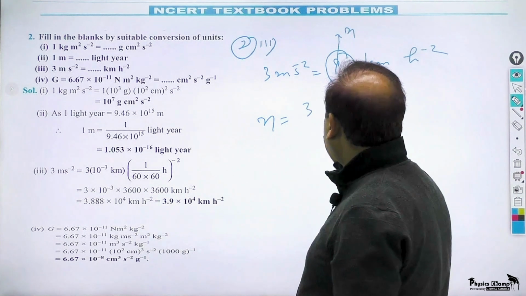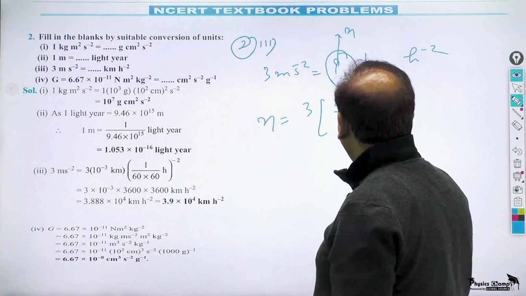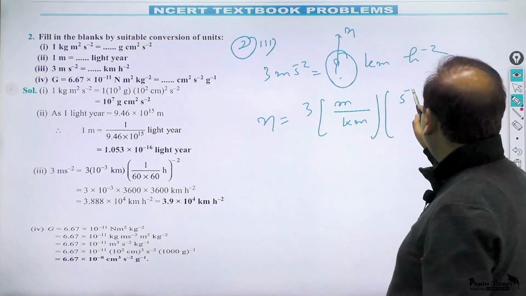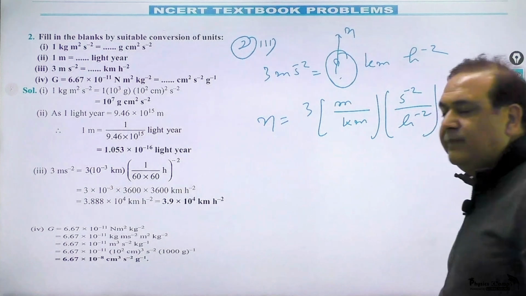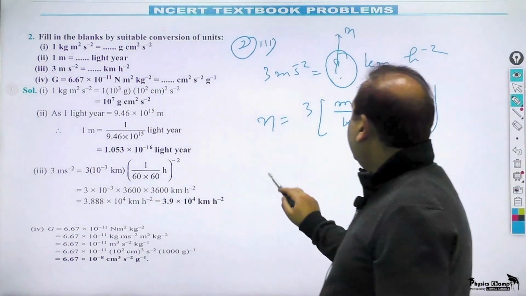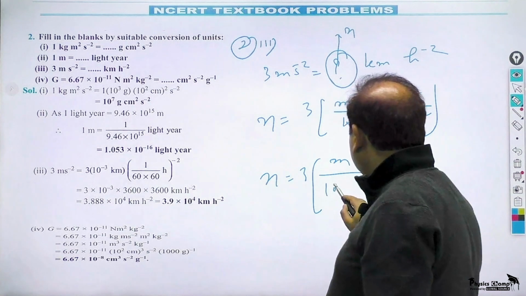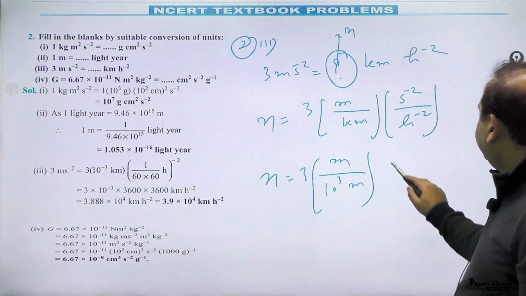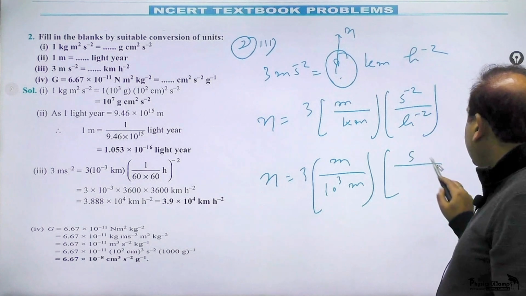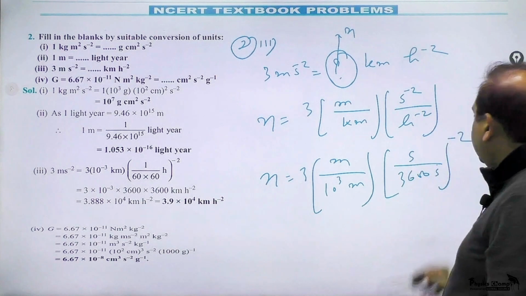It becomes 3 meter per second square and this is hour square. So the value of n will be 3 meter divided by 10 to the power 3 meter. 1 kilometer is 10 to the power 3 meter. This is second divided by hour, 3600 second to the power minus 2.